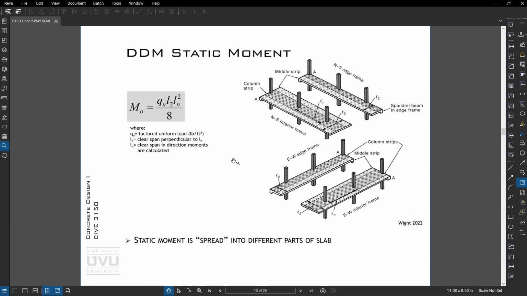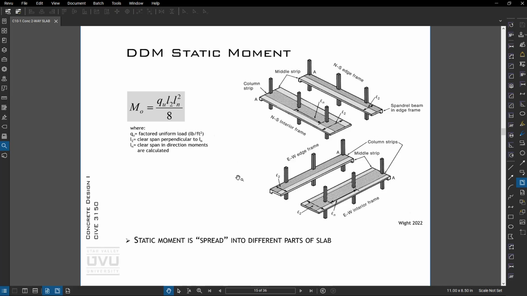So the general concept is we'll take what's called the static moment, which is a function of the factored uniform load, times the span in the direction we're not spanning for this example, L2, and then L squared for the span over 8. So you can see there's some familiarity to just a wL squared over 8 type analysis, where q times L2 would be w.